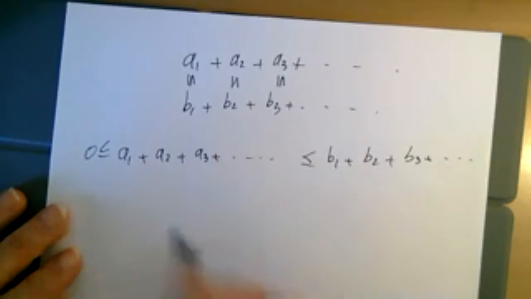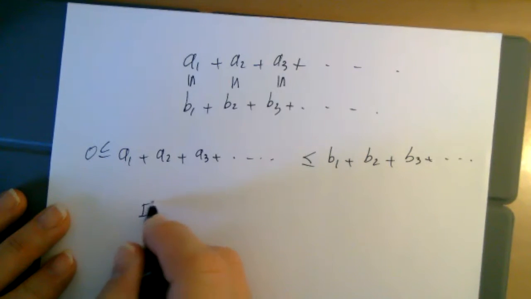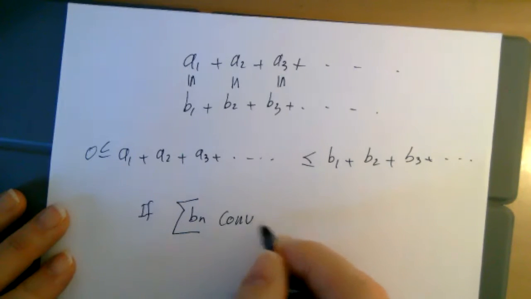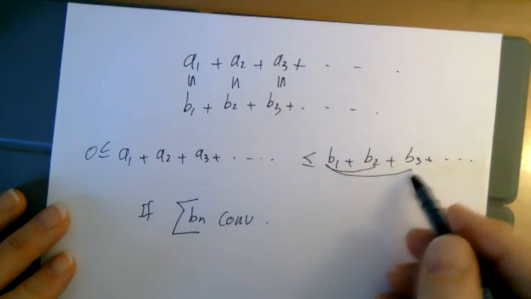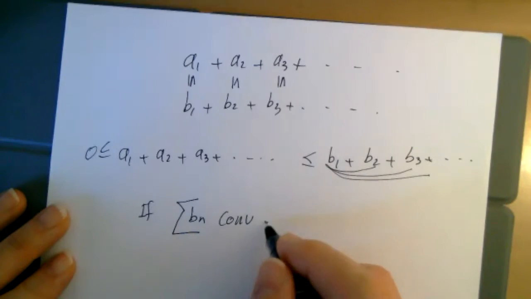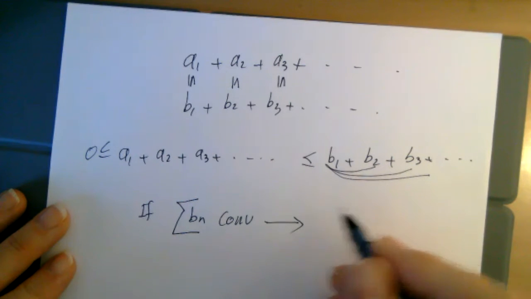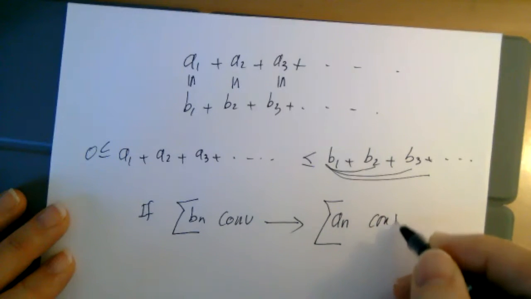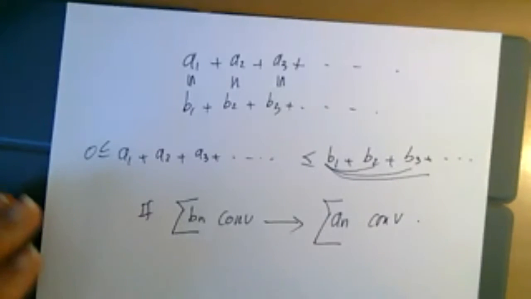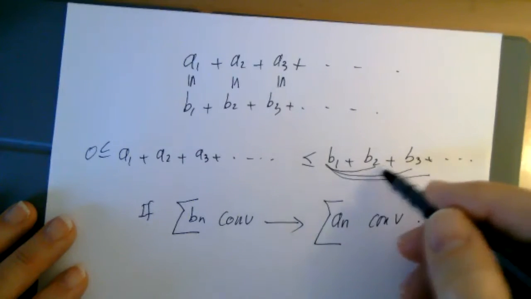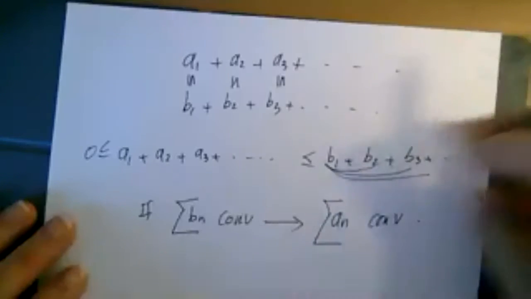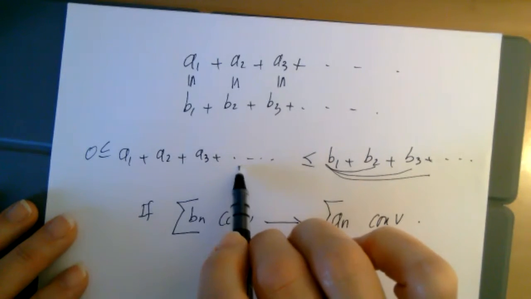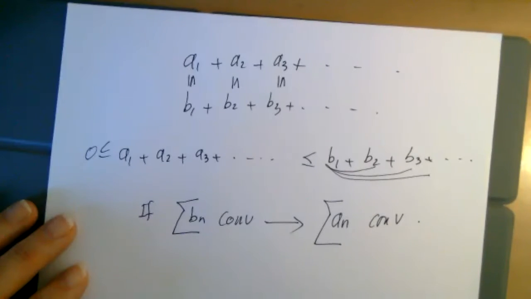So now my question is, if sigma bn converges, meaning when I add those, I get somewhere, then what happens? The ordinary comparison test tells me that in this case, sigma an will converge as well. So if the larger series, the sum of its terms, becomes close to a number, the sum of the terms of the smaller one will also have to converge.